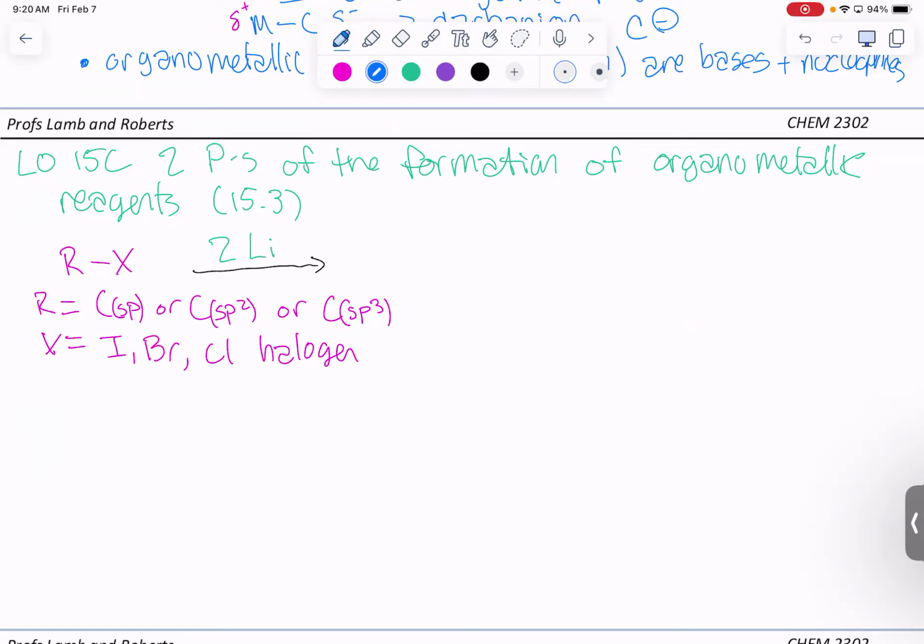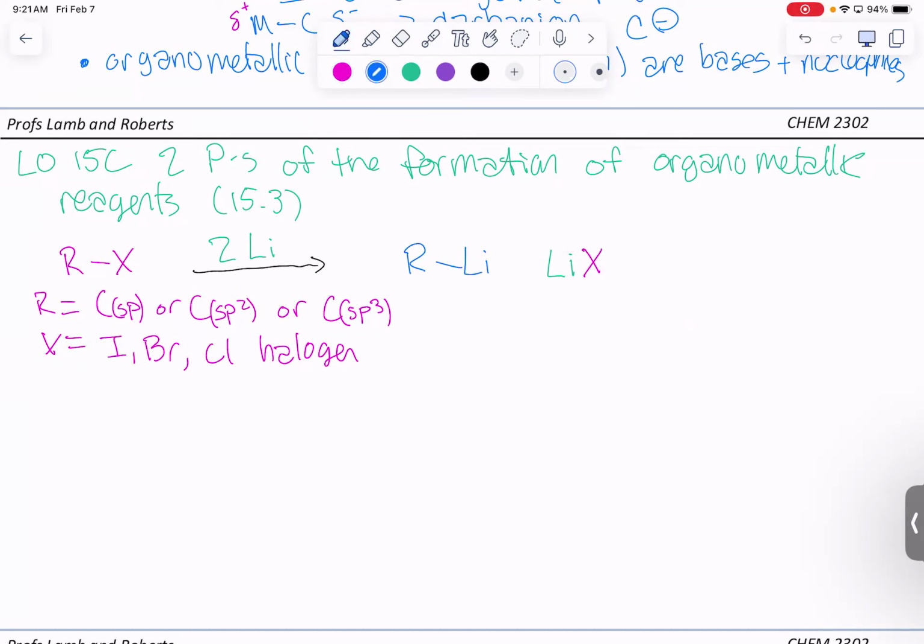And what we end up with is a very nucleophilic reagent. So we end up with R bound to lithium. So R being our carbon group. And our byproduct of this reaction is going to be lithium with our halide. So just a salt.